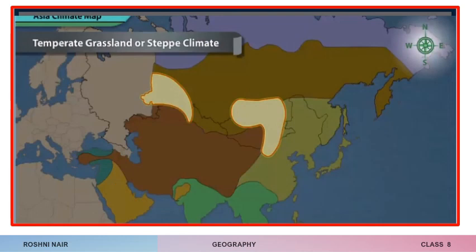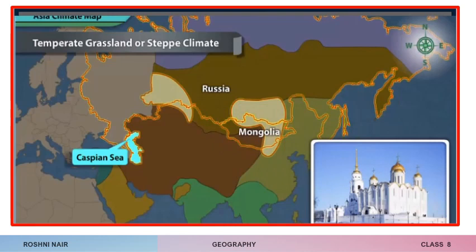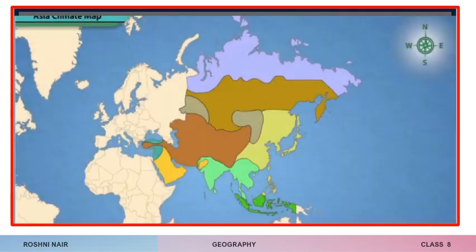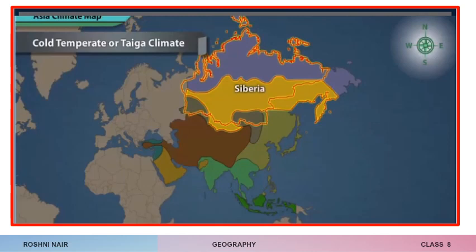Temperate grasslands or steppe type of climate occurs in areas above the Caspian Sea, such as parts of Mongolia and Russia. Here, winters are very cold and summers are hot. The taiga type of climate prevails across Siberia.